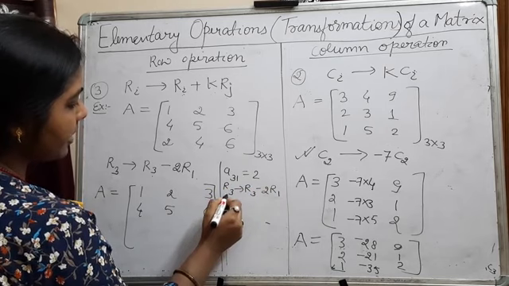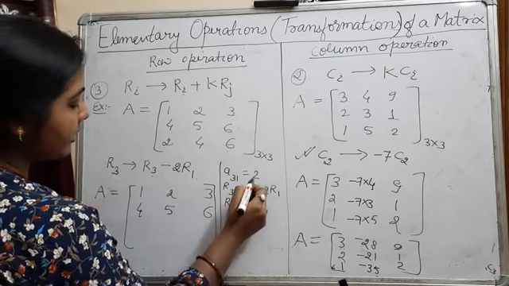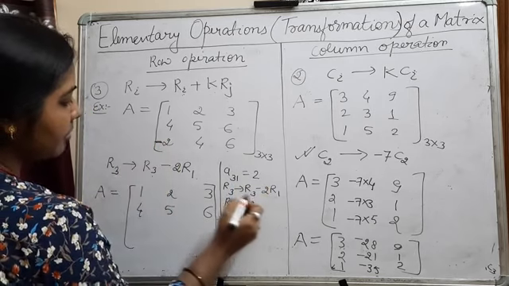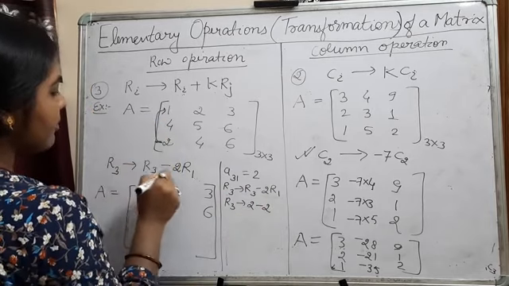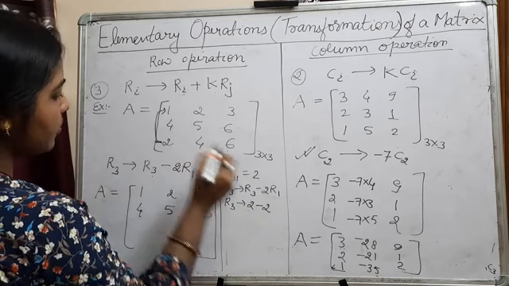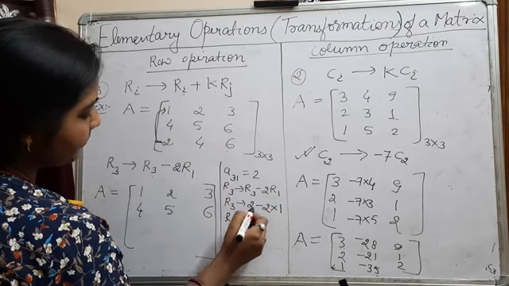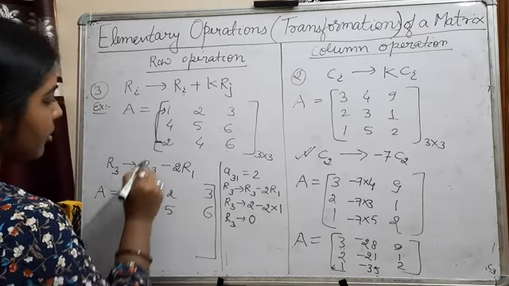So we will find out R3 after applying this operation. The R3 value we are getting is 2, and then minus 2 into R1 for this element, which is 1. So 2 minus 2 is 0. So here we will write 0.